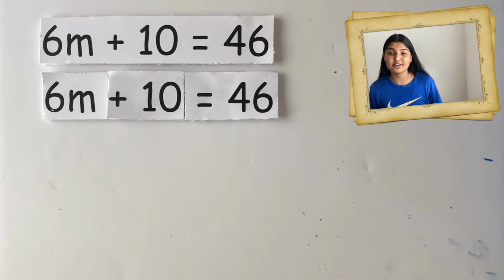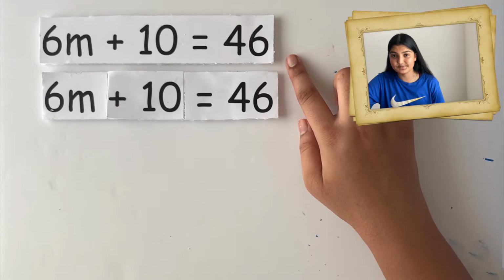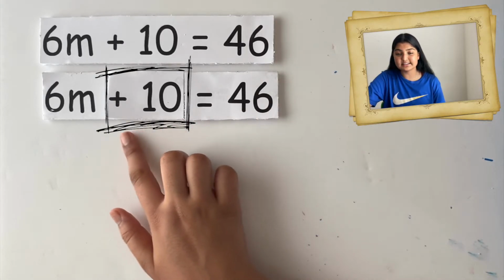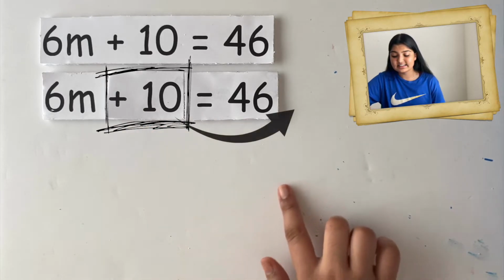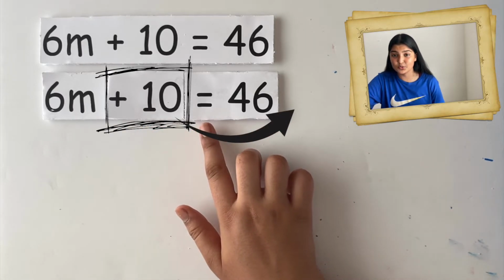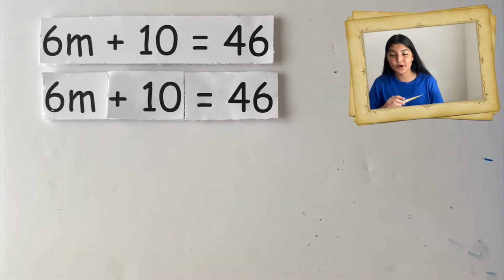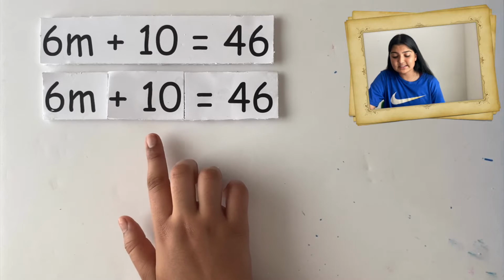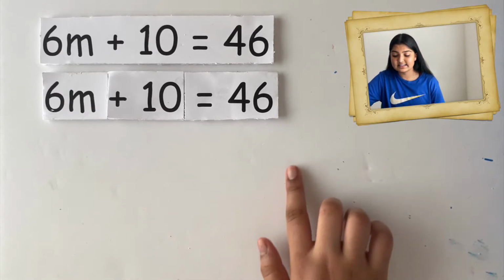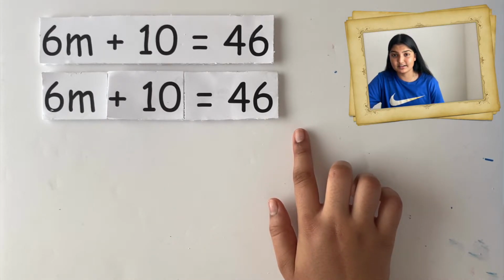When we're solving equations that look like this, we start by taking any constants that we have to the other side of the equal sign. So, let's start by taking positive 10 to this side of the equal sign.